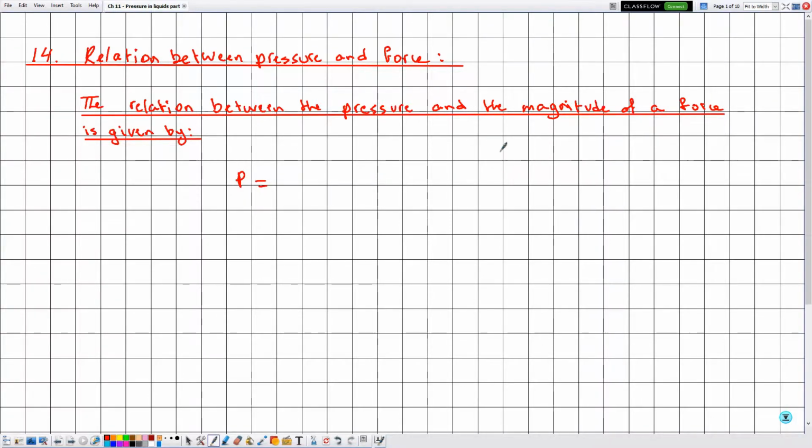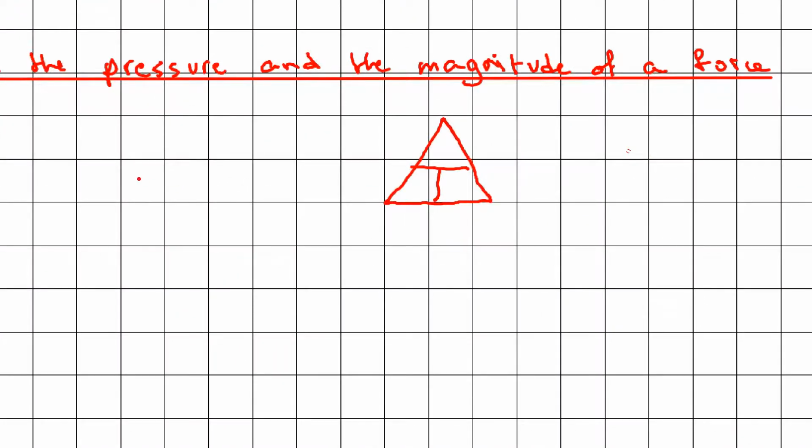Now let's construct the triangle that includes the pressure and the force. Knowing that the unit of pressure is Newton per meter square, we can notice that the pressure will be given as the ratio of the force over a quantity which is expressed in meter square, and we know that meter square is the unit of area.